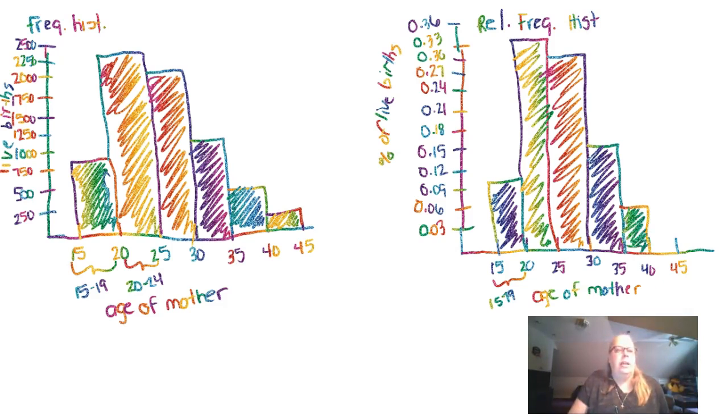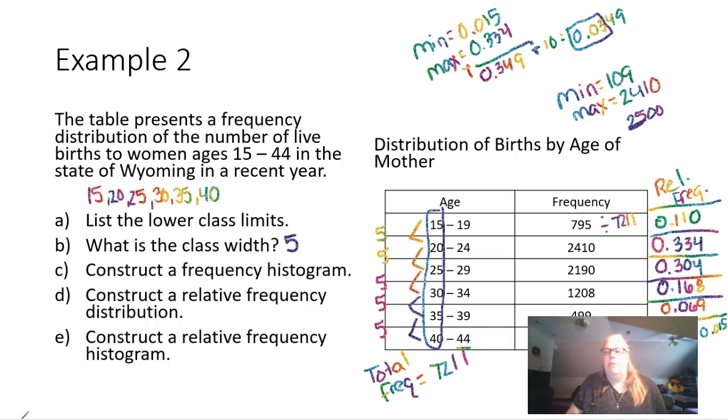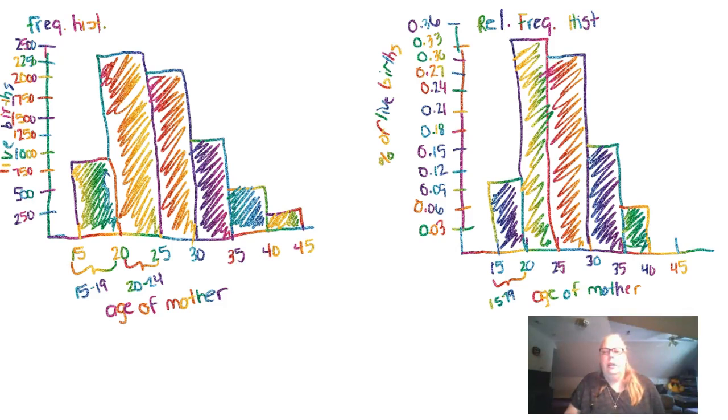And then our last category there, which was the 40 to 44-year-olds, this is 0.015. These guys are going to be under the 0.03s. So I'm going to make sure that this bar is less than that. And come across and drop it and color it in. And there is our relative frequency histogram.